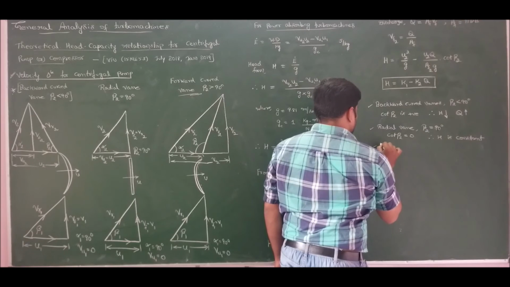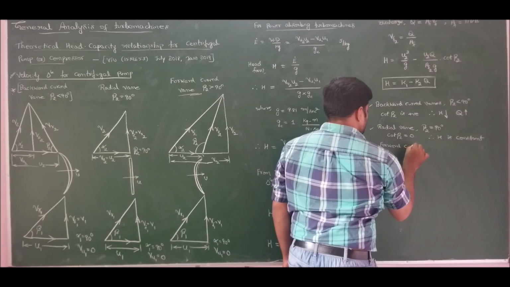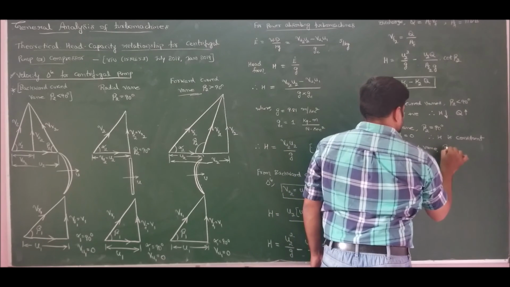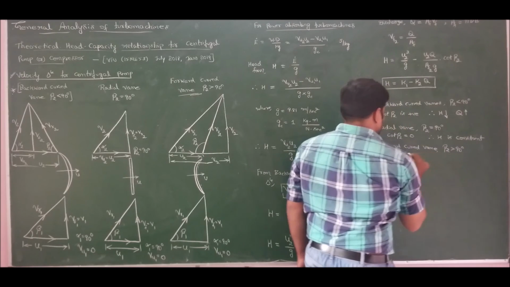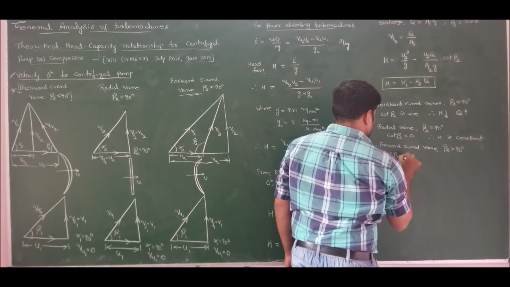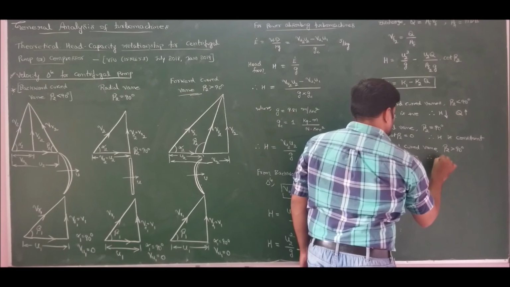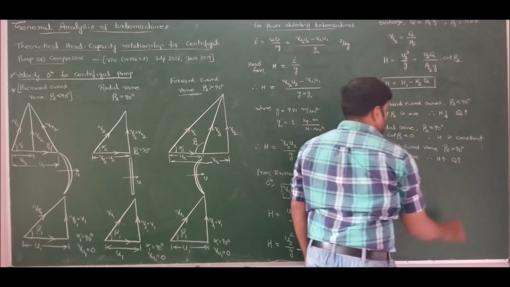For forward curved vanes, that is beta 2 greater than 90 degrees, cot beta 2 is negative. Therefore H increases with increasing Q.